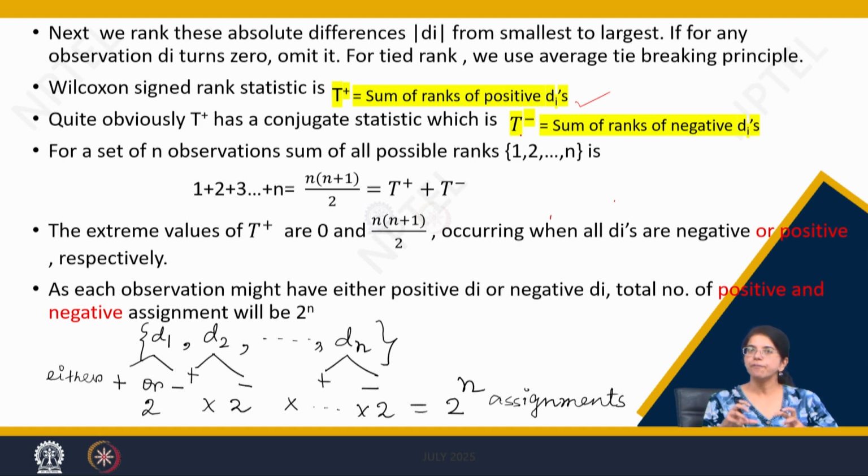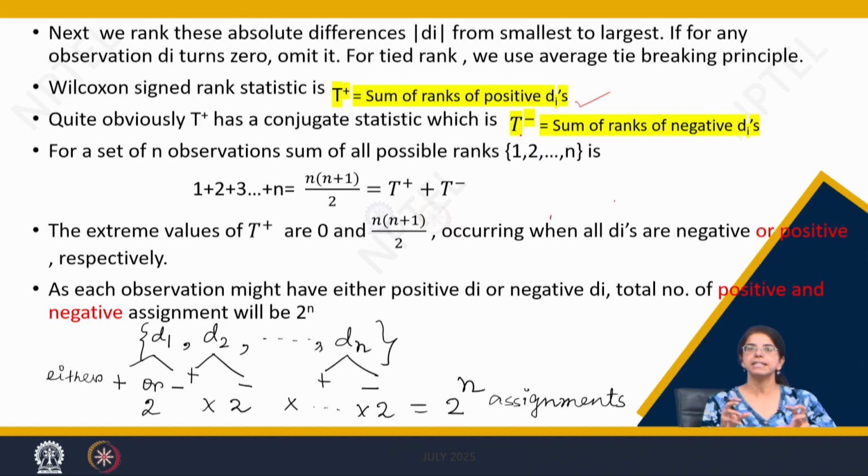That means if you find T plus, then finding T minus is extremely easy, because T plus and T minus are linearly related. The extreme values of T plus are 0 and n into n plus 1 by 2.